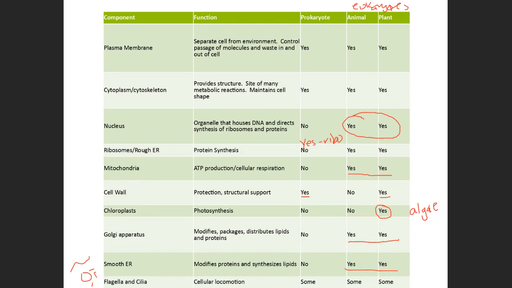So in humans, males have some cells with flagella, females don't. For plants, they have eggs and sperm too. So the sperm of plants will have flagella, but the other cells won't. Some bacteria have flagella in order to move around also. So that, again, just depends on the specifics.